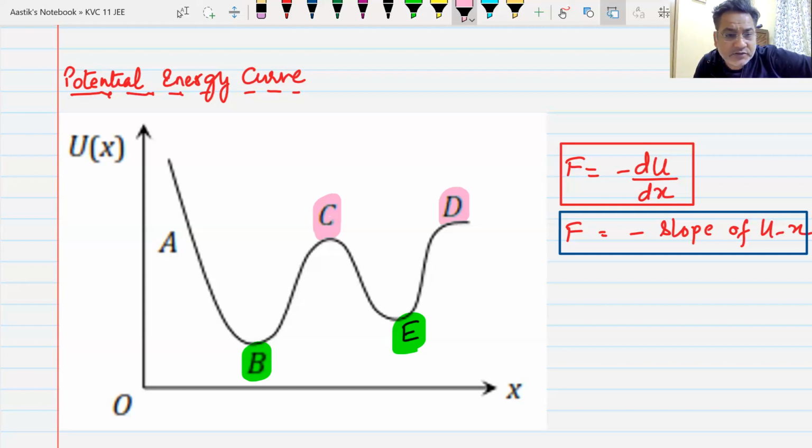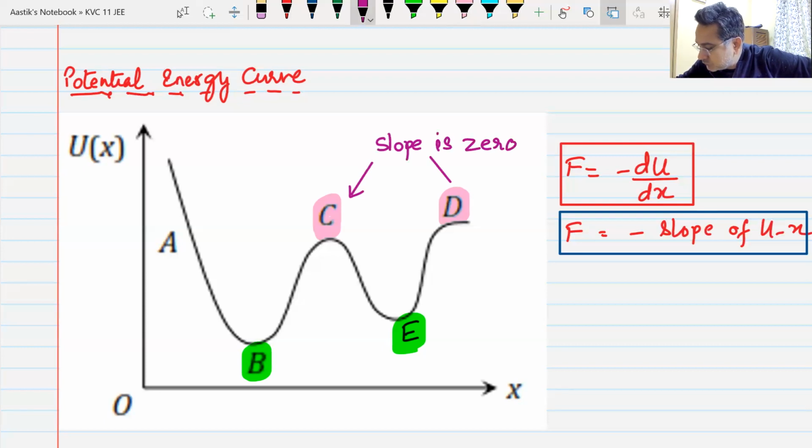At this point, what is the slope? Slope is 0. The curve becomes flat. At these 2 points also, slope is 0.